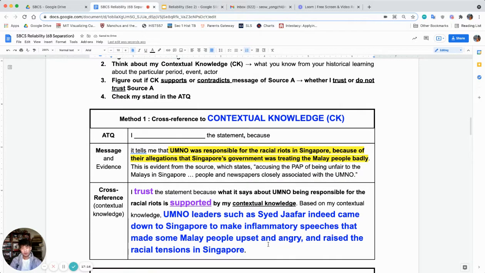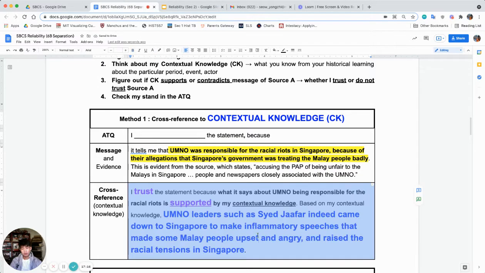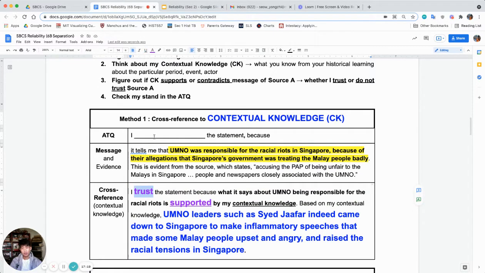So now that I've figured out the CK, figured out support, figured out trust, I go into ATQ, I trust the statement.